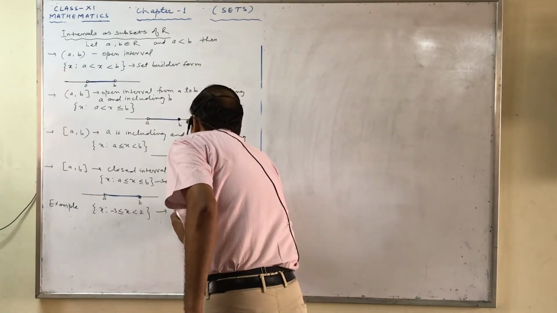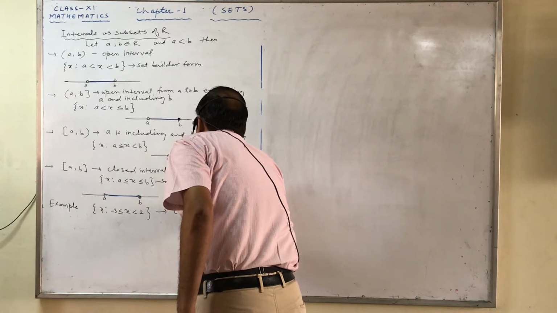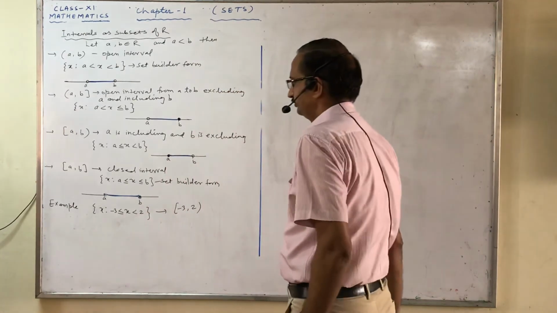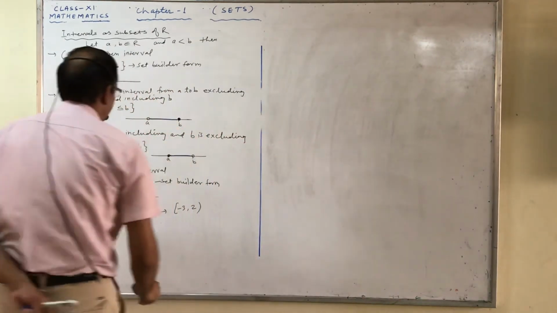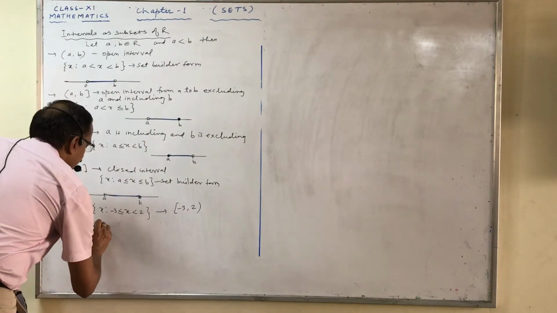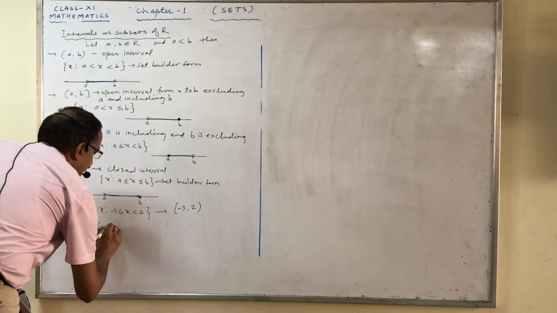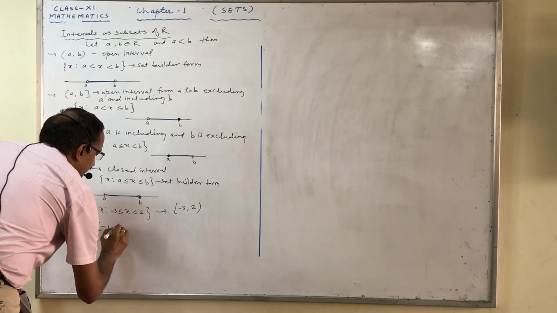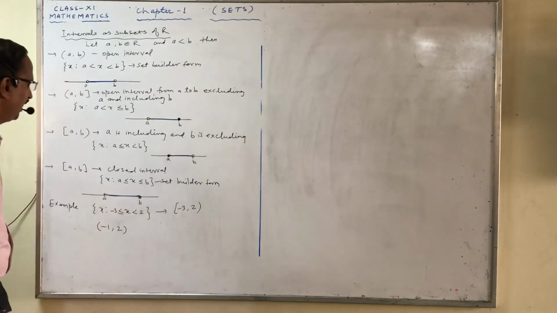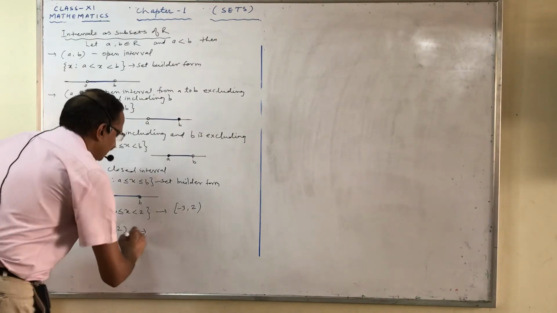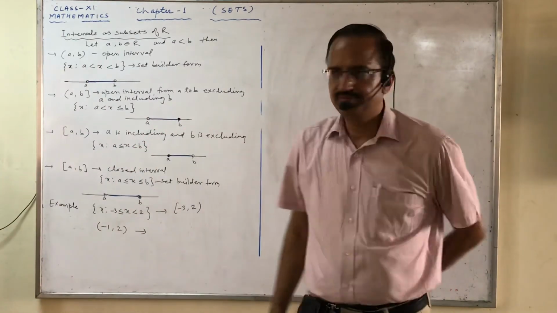So this is [-3, 2). If the interval is like this, suppose (-1, 2), and we have to write this in set builder form.